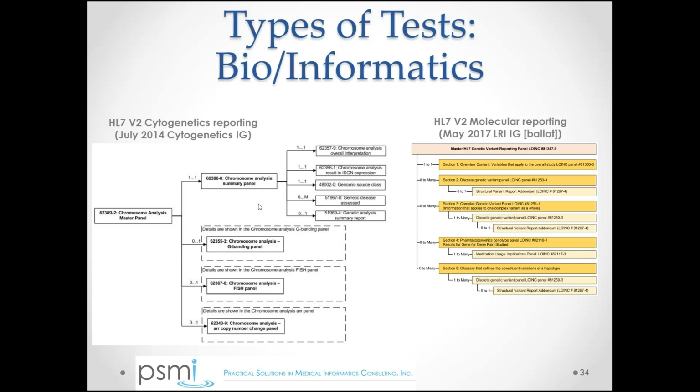You can think of these as both intended for labs reporting to electronic health records, and if the lab is reporting molecular results, next generation sequencing or targeted sequencing, then the LRI standard would be applicable, whereas if the lab is reporting the results of cytogenetics, then this particular standard would be applicable.